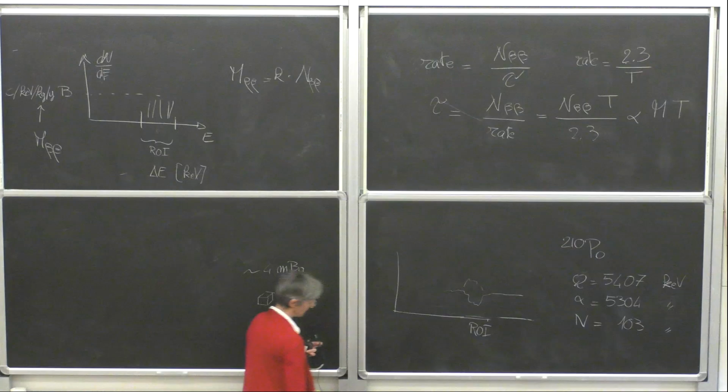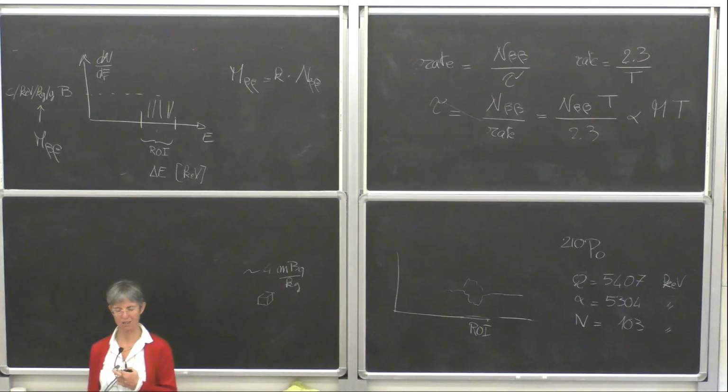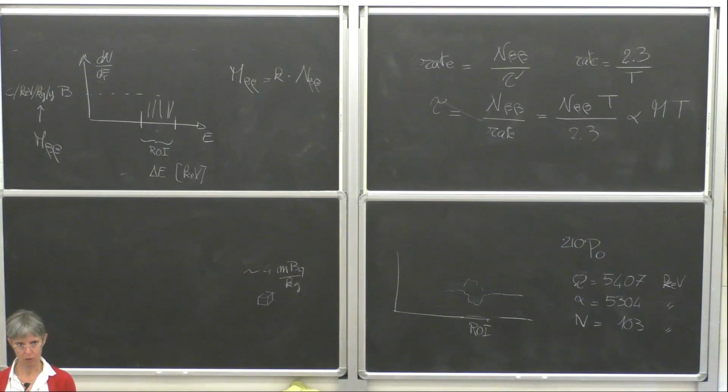The answer is that not all this information is directly available, because you can rely on simulations, but simulations depend on a lot of parameters that are not easily measured for the real configuration of your crystal.